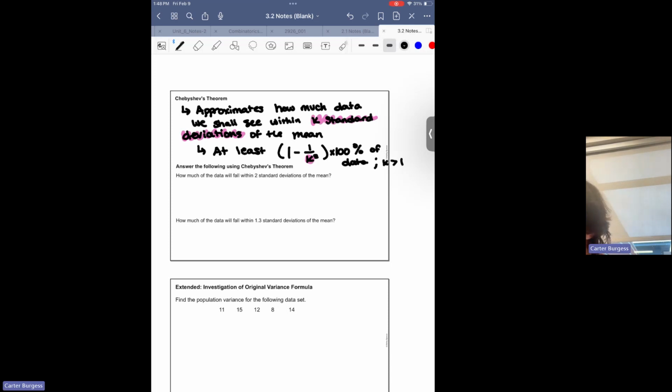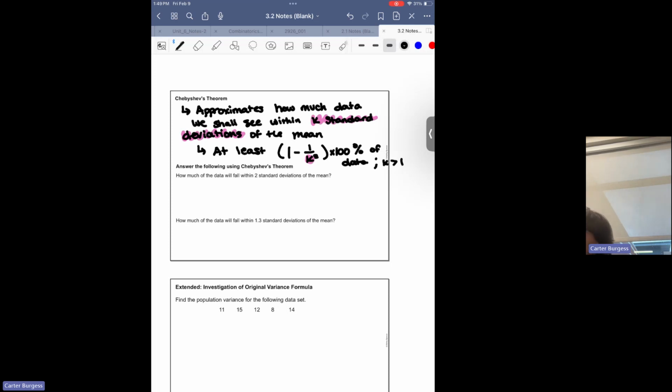All right. The other thing that's really cool about this is that a lot of our understanding of how much data is going to be represented within certain standard deviations is very specific to the type of distribution that we are looking at.